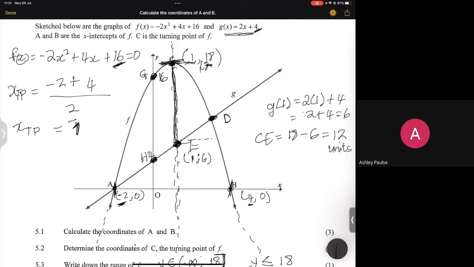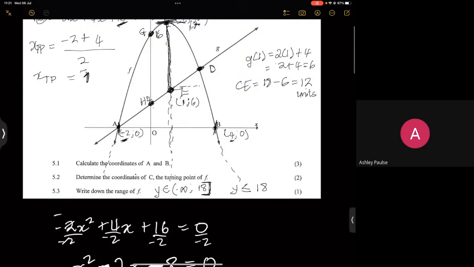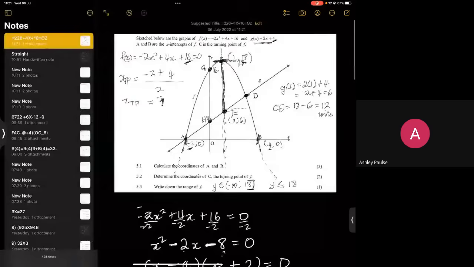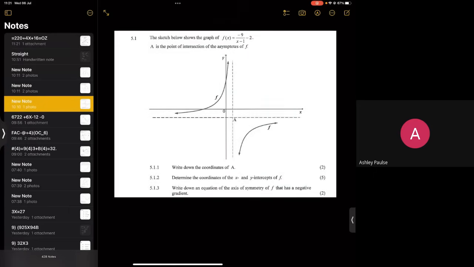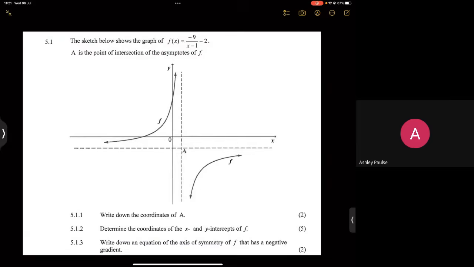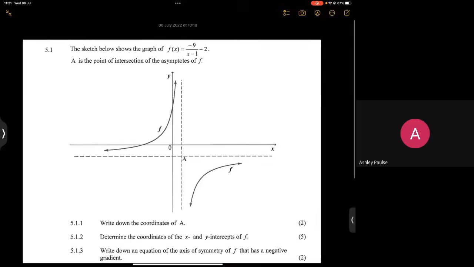All right, beautiful stuff. So what I'm going to do now is I just want us to take another question. In this case, I think I want us to take something that has a hyperbola in it. Okay, let's take this one. All right. Now, we're given a hyperbola.